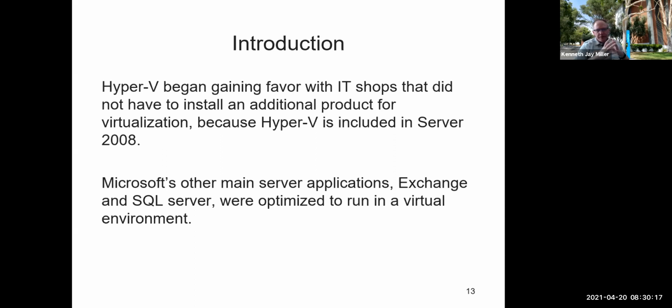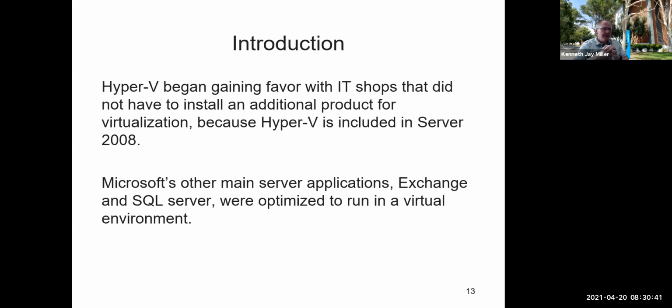And then the other main benefit, and Microsoft has done this on purpose, is they have designed their two main server applications. There's their database server, SQL Server, and then their mail server, their Exchange server. They've made those to be optimized to run inside of a virtual environment.